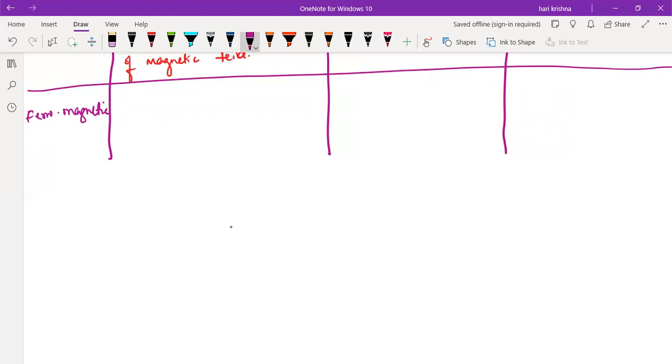These are the strongest magnets out of the 5 different types of magnets. So ferromagnets are the strongest magnets, the permanent magnets out of the given 5 types. So it is a permanent magnet.